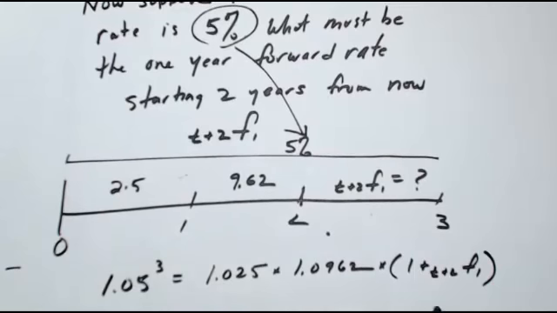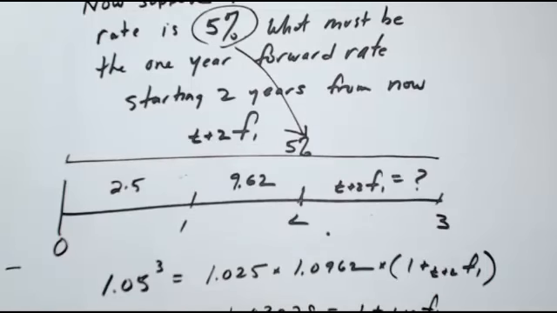Now, solve this algebraically. It's one equation, one unknown. And when you do that, you will get 1.03028 equals 1 plus T plus 2 F1.